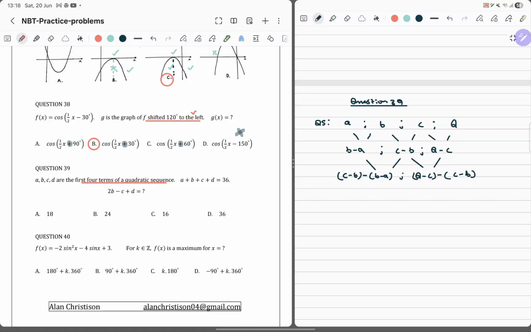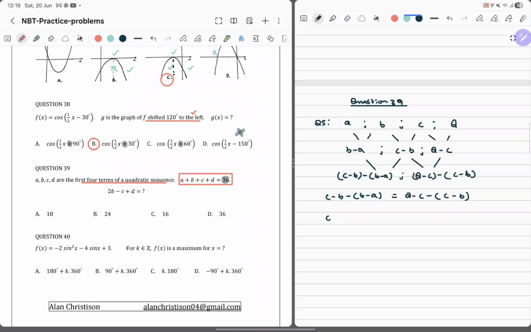Okay. So we're told the sum of all of these is 36. Cool. We can do something about it. Now we want 2B minus C plus D. Let's start here. We know that C minus B minus (B minus A) must be equal to D minus C minus (C minus B), because that's the constant second difference.